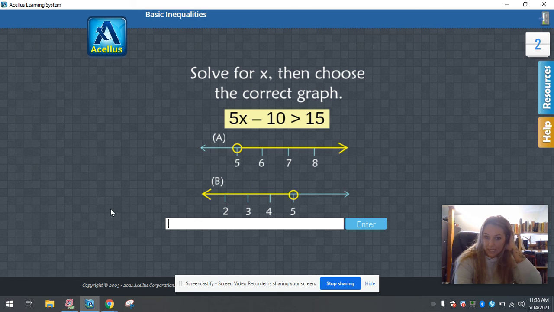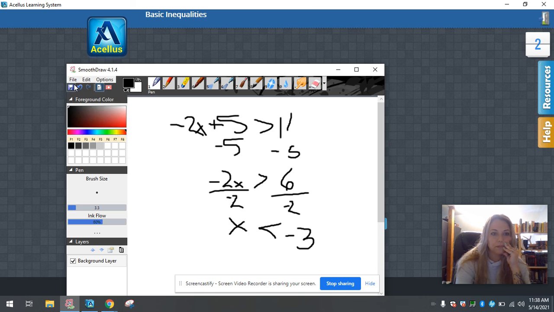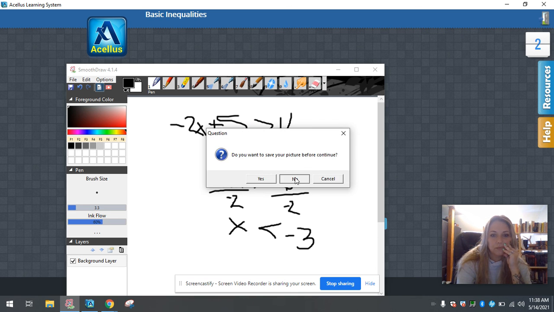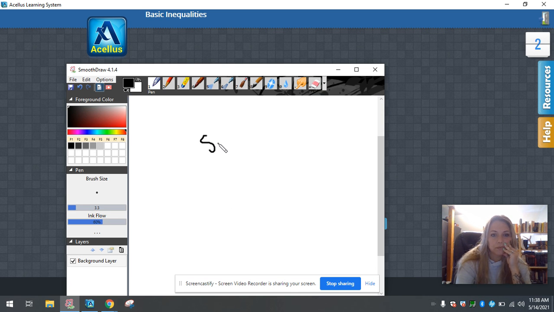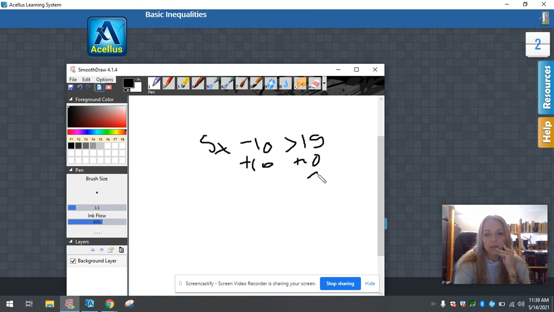5x minus 10 is greater than 15. Okay, the first thing we're going to do is add 10 to both sides to get rid of that 10 and slowly but surely get the variable by itself. When I do that, I get 25 is less than 5x.